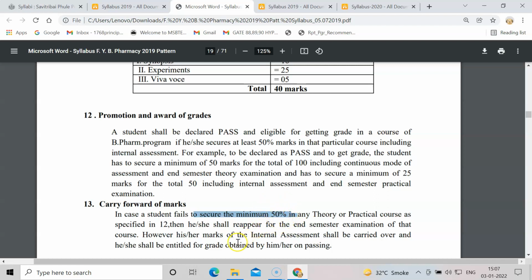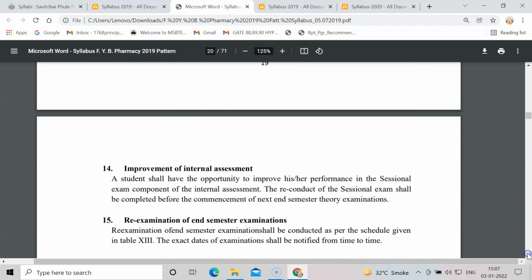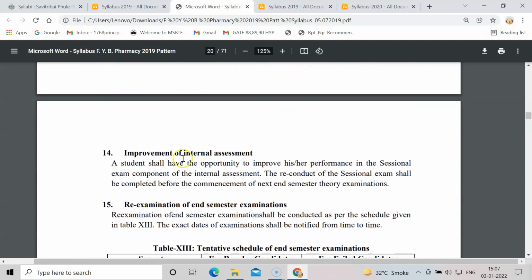And internal assessment can be carried over to obtain good marks. Improvement sessional can be taken, but the reconduct of the sessional should be before the commencement of the end semester theory examination, and it depends on the college, because the decision will be taken by the college for this.